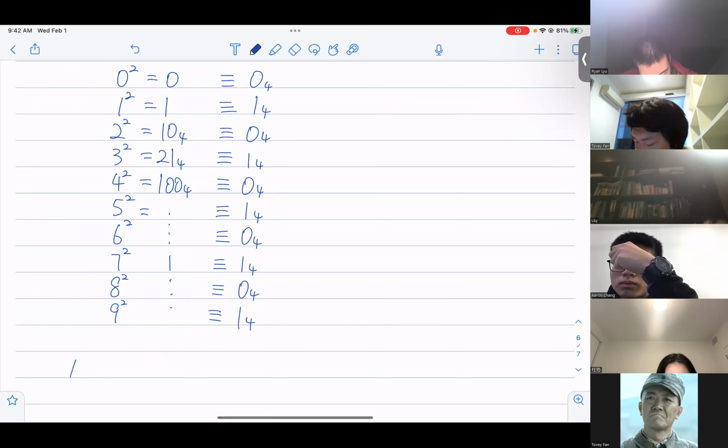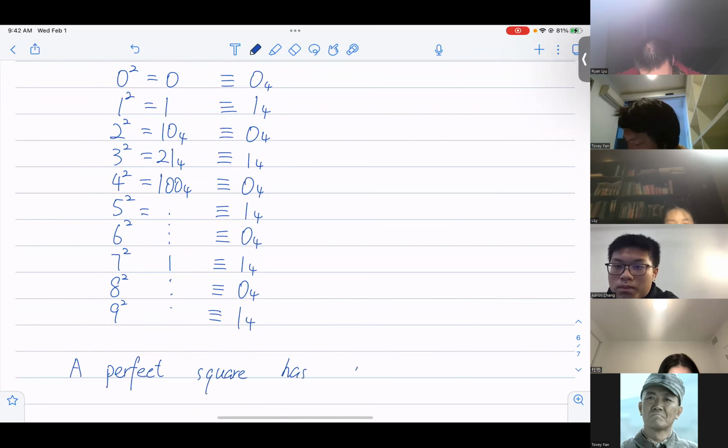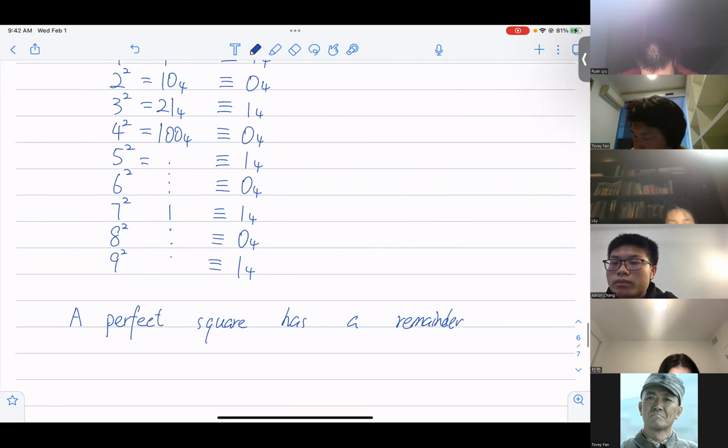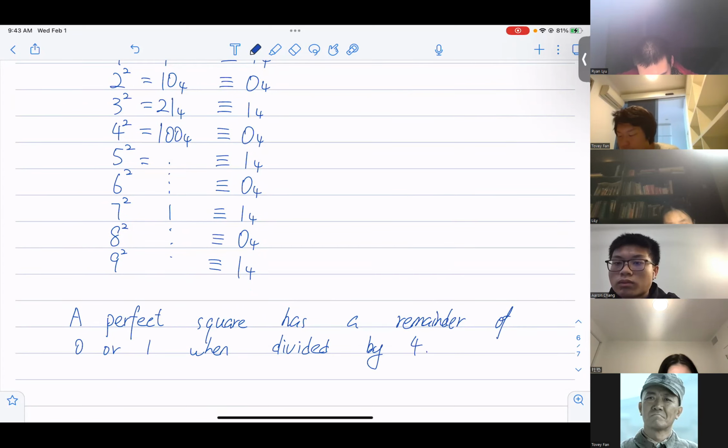So we say a perfect square has a remainder of 0 or 1 when divided by 4.